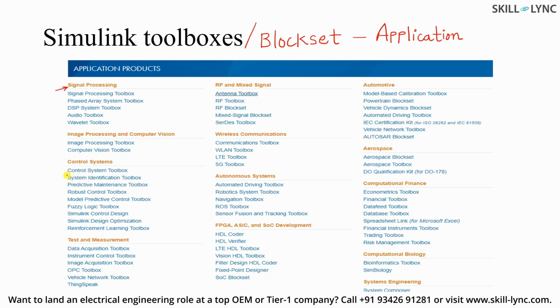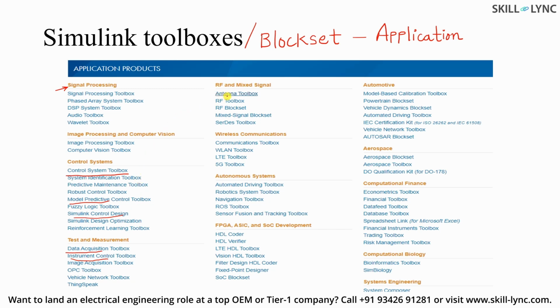There are control system toolboxes as well, and here you have model predictive control, Simulink control design and design optimization. With Simulink you can also make a data acquisition system, and the instrument control toolbox is also added.